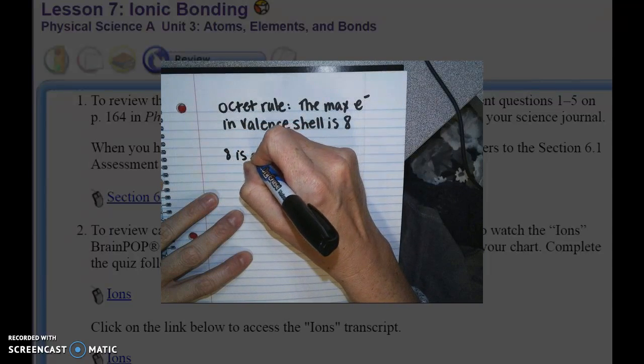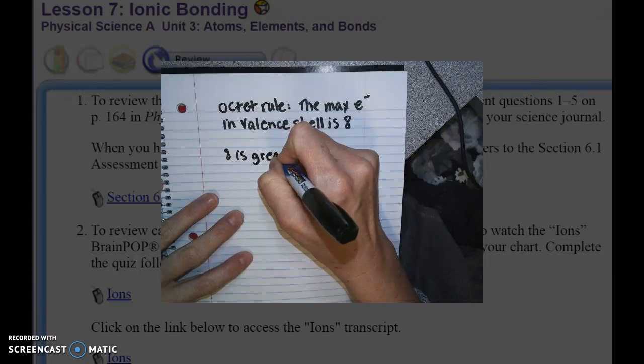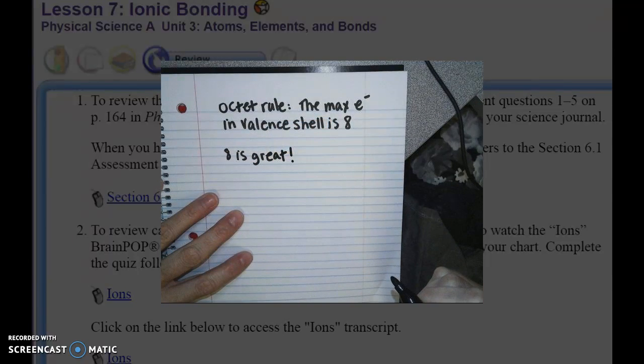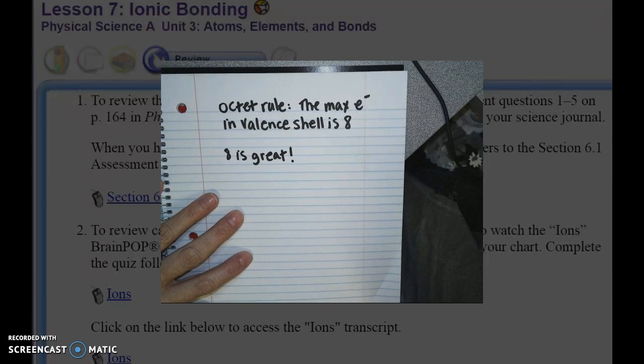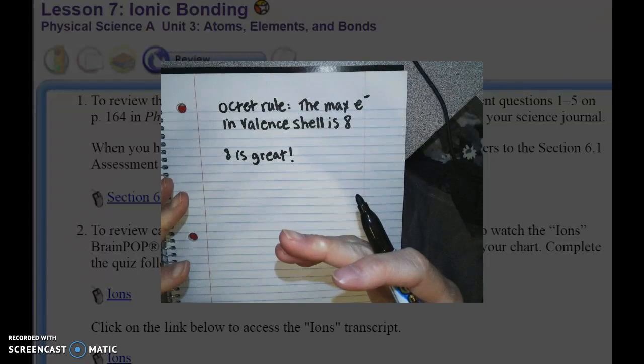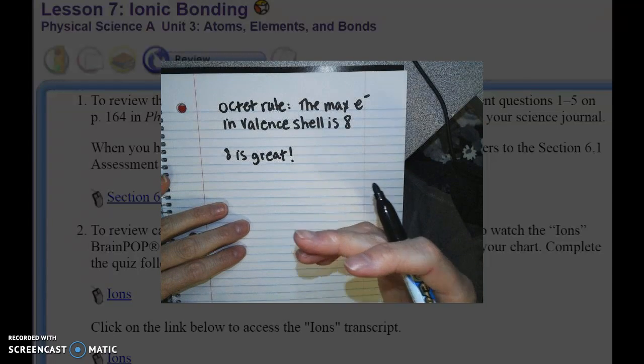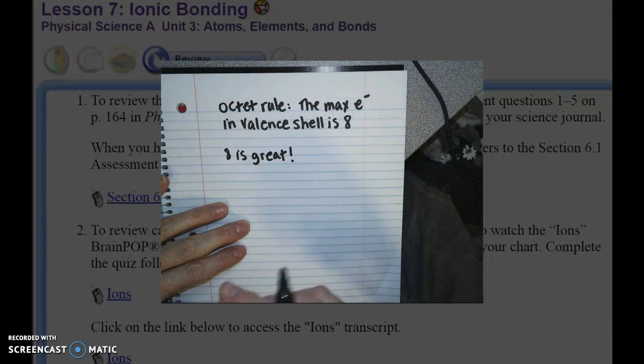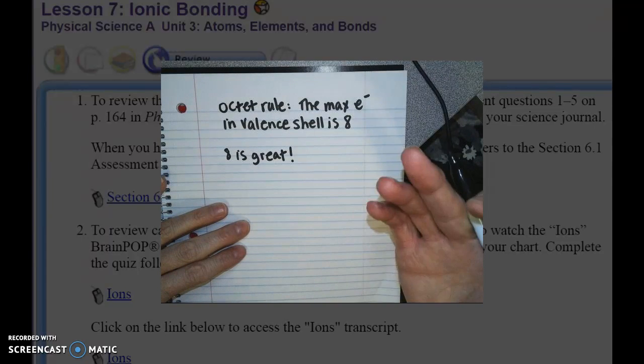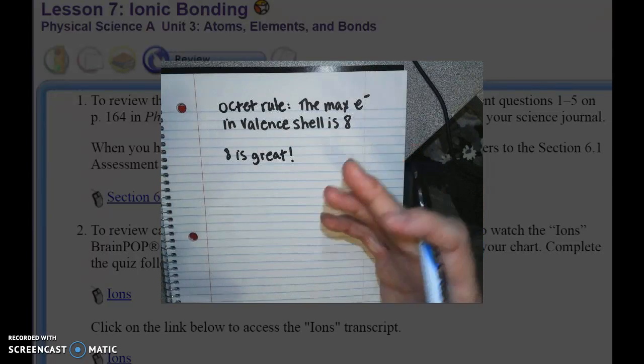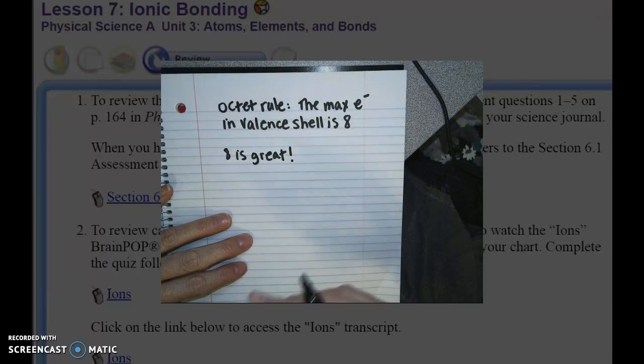Eight is great, we might say, if we're lame and like to use some fun rhymes to help remember stuff. So every atom is striving to have 8. The only way it can do that is it's either going to get rid of electrons to get rid of that outer shell and go down to its next lower shell, or gain electrons.